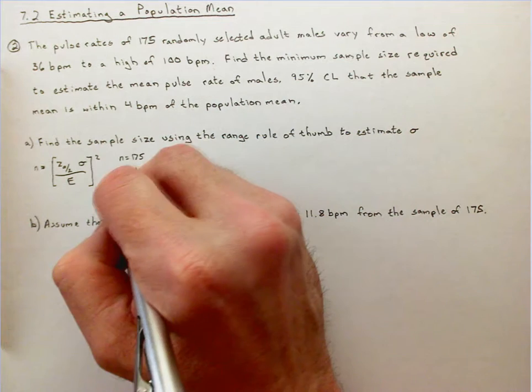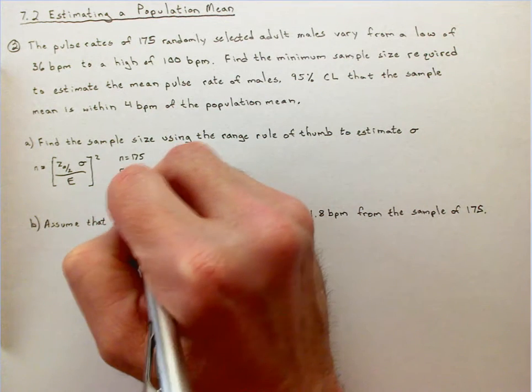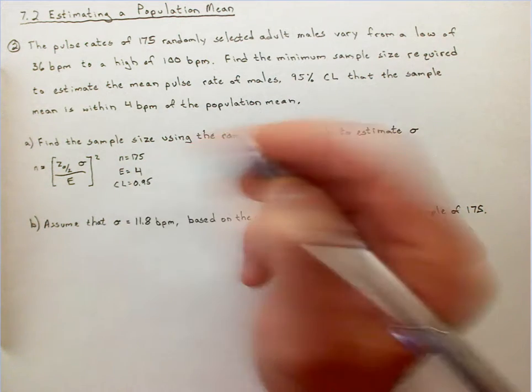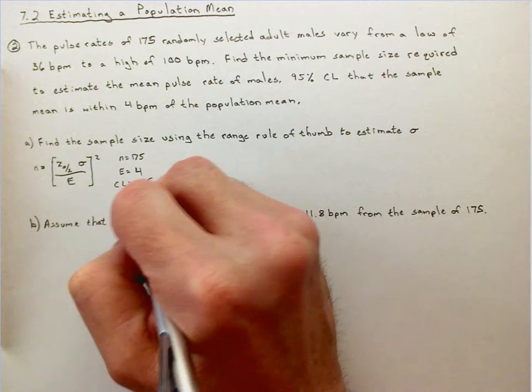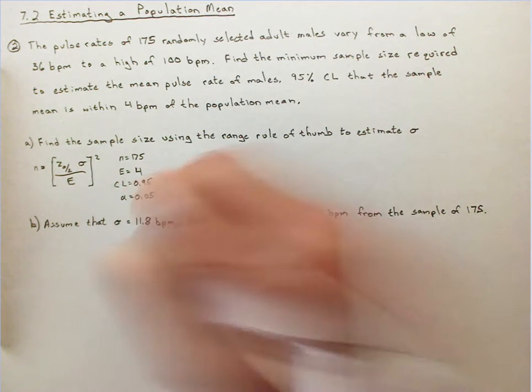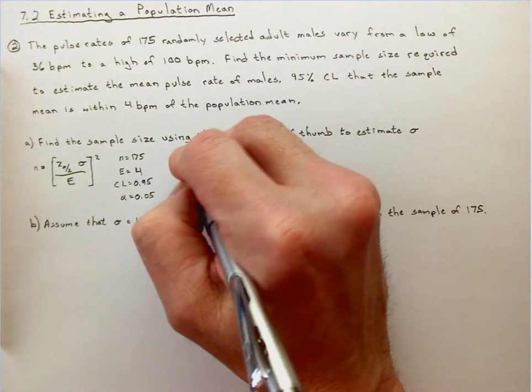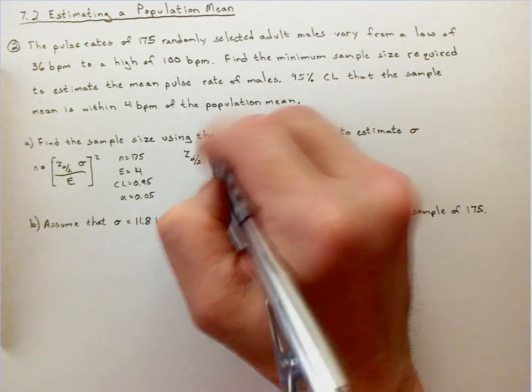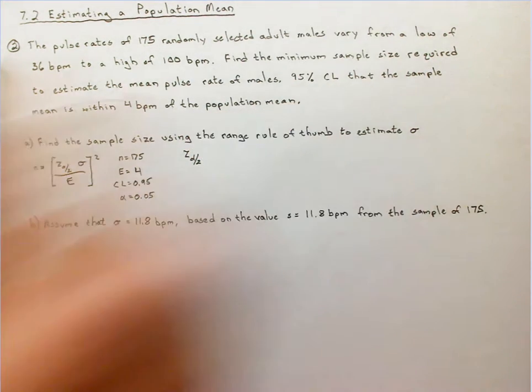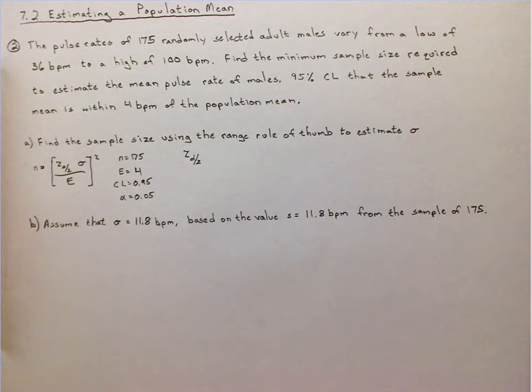My confidence level is 0.95. So what do I know? I know my alpha is 0.05. So for alpha divided by 2, and I mess up on my zeros on these, so I'll try to type them in, 0.05 divided by 2.